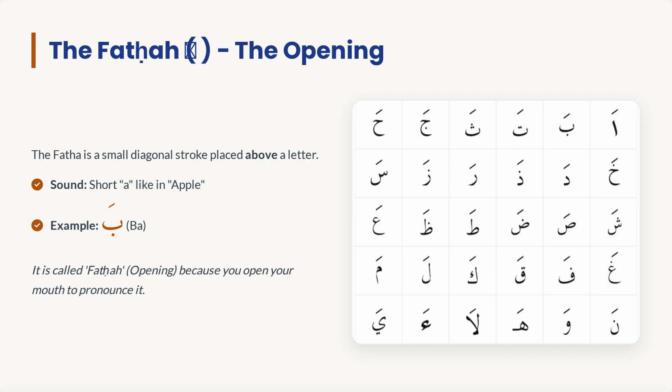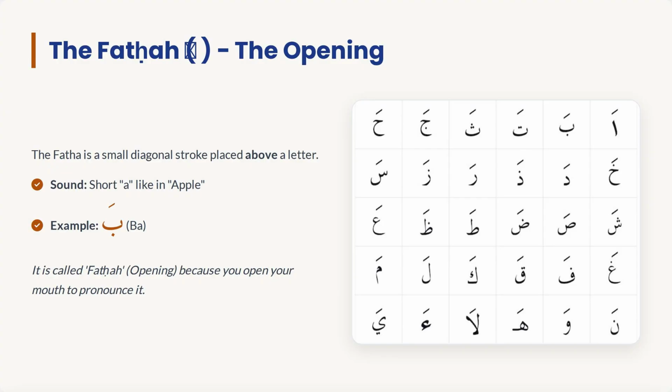The first haraka is al-fatha. Al-fatha is a small line. We put it above a letter and it produces a short A sound like in cat or apple.